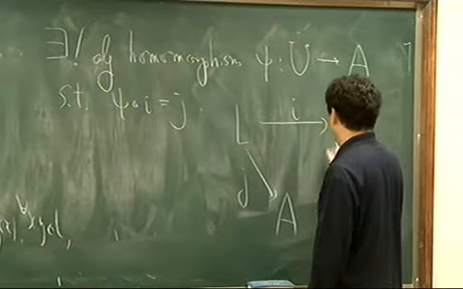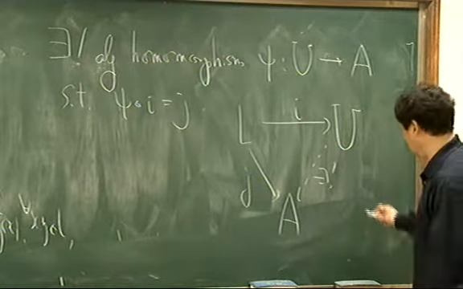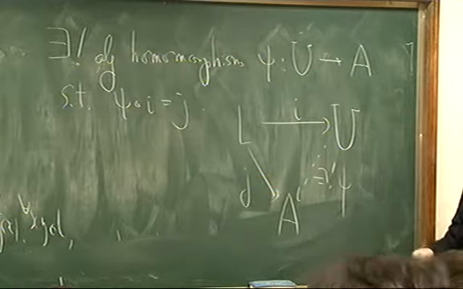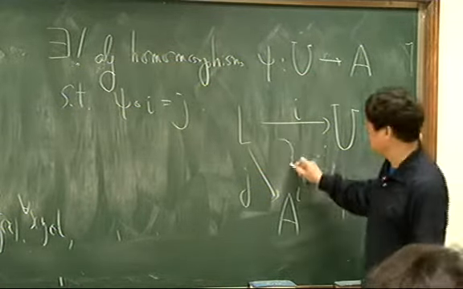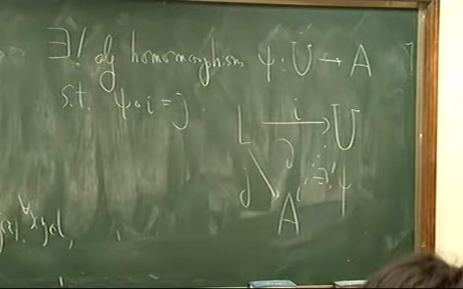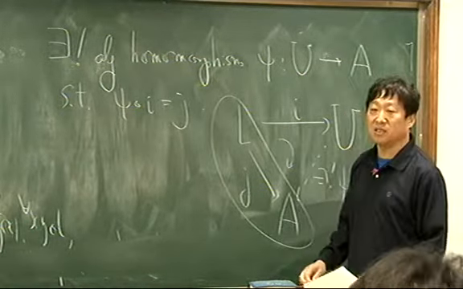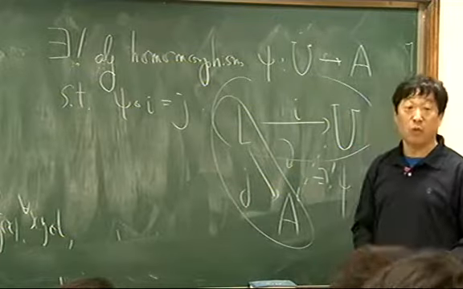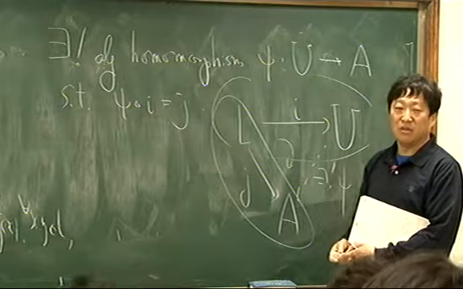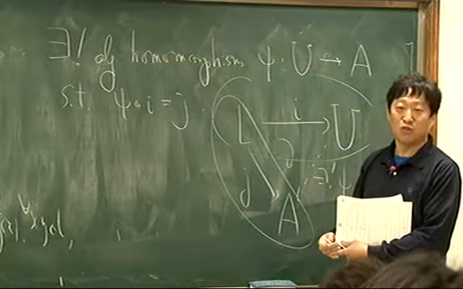And then the requirement is that there is a uniquely defined algebra homomorphism of associative algebras, psi, which makes this diagram commutative. One can say this is an enveloping algebra and U is a universal enveloping algebra. So a universal enveloping algebra means an enveloping algebra which is universal.